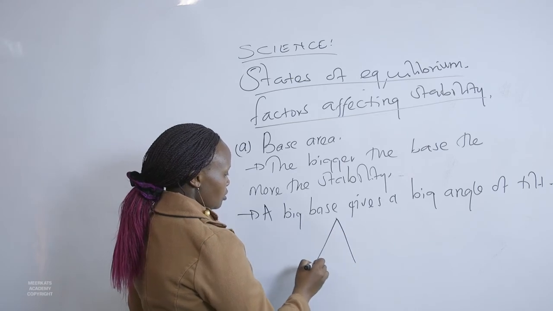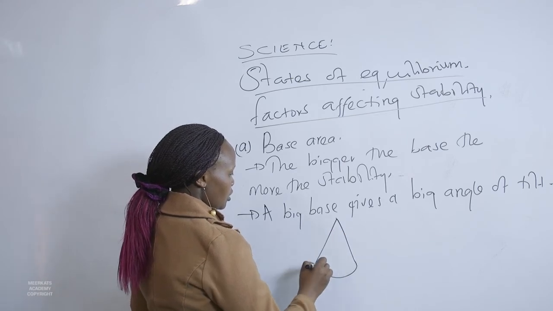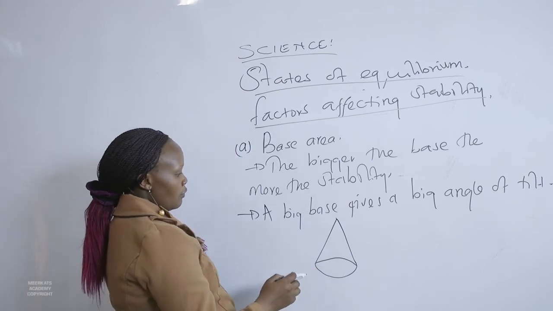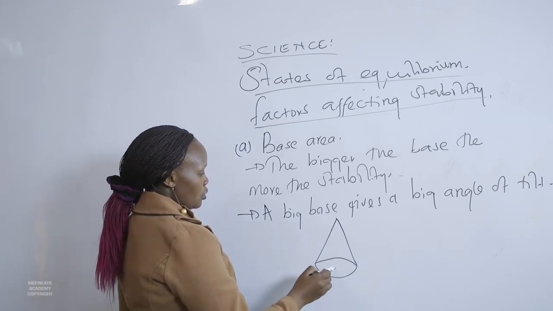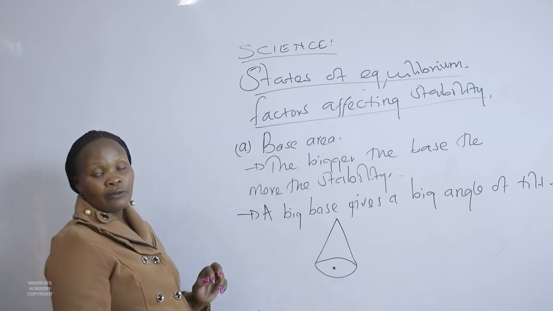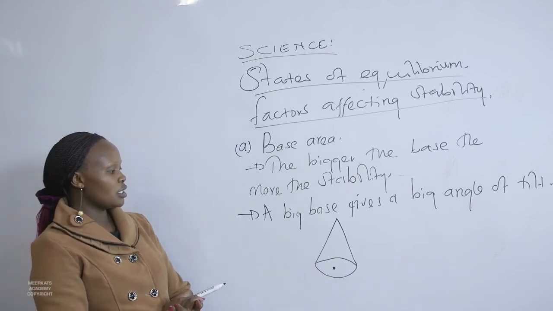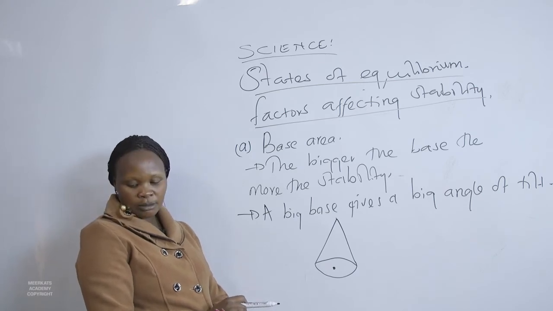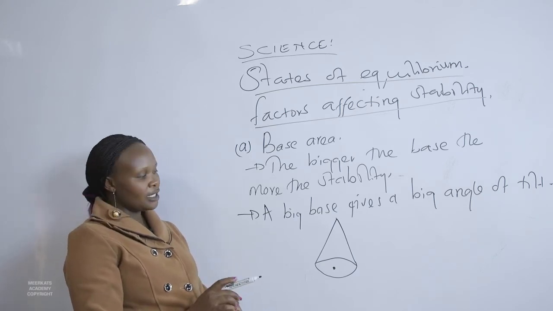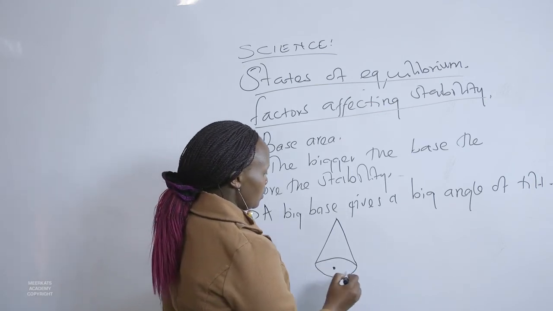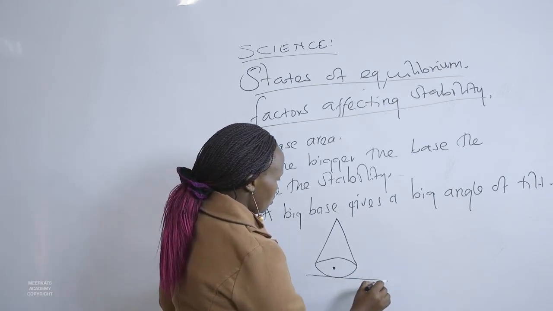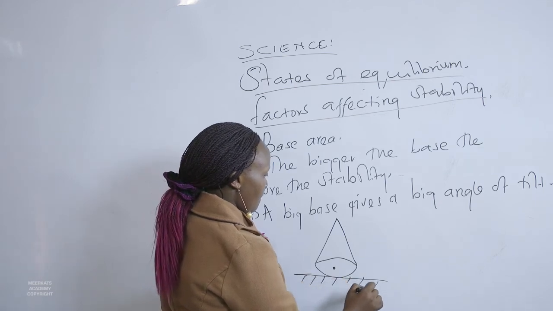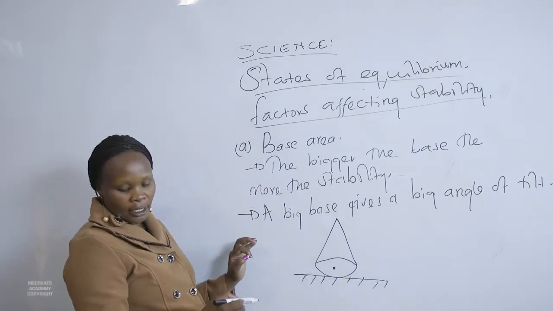Let us take an example of our cone resting on the widest base. For you to manage to take the center of gravity out of the base, it means you will have tilted through a wide angle.